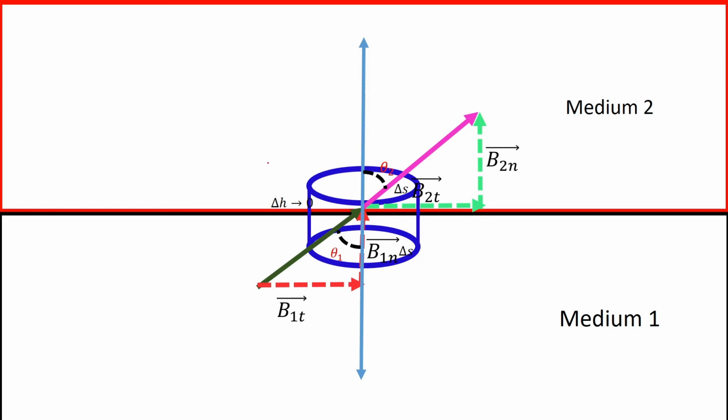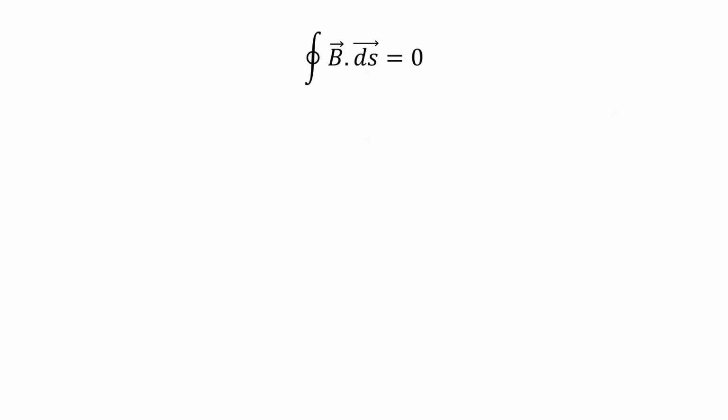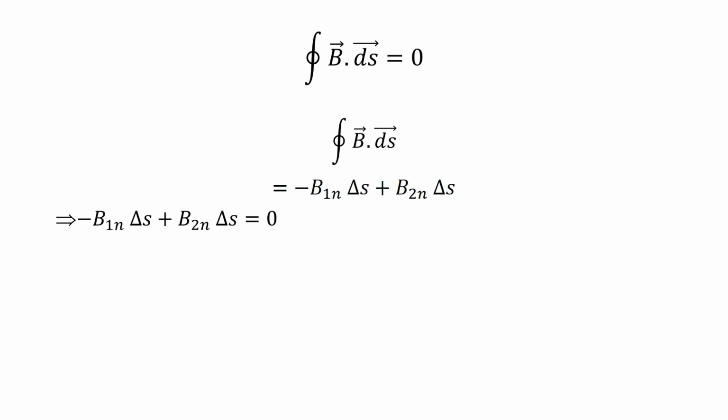Because delta h is assumed to be 0, we say that there is no magnetic flux movement across the curved surface area. Whatever there is, is over the flat surface area. So the integral of B bar dot dS bar is equal to 0, which can be written as minus B1n delta S plus B2n delta S. If this is supposed to be 0 for all the surfaces, then B1n should be equal to B2n.